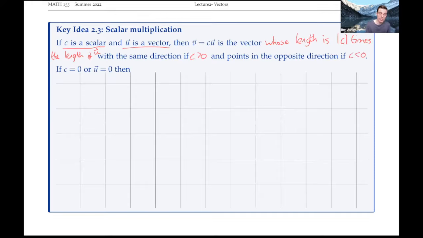And then if c is equal to 0 or if u is equal to 0, then v, our vector, is also going to be equal to 0.